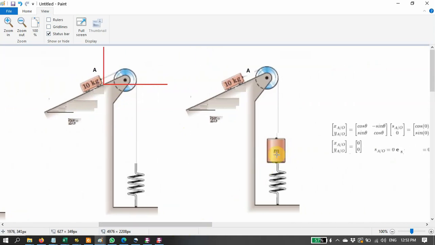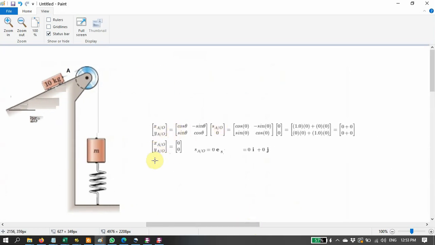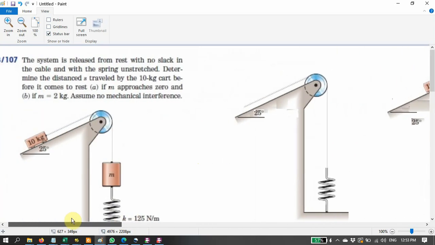Similarly, when we place another mass here, the 2 kilogram mass m, this mass does not cause the spring to deform yet. It's being held by some mechanism, right? And our position vector for this location of the 10 kilogram cart is 0 along the s coordinate system, or 0 in the i direction and 0 in the j direction.